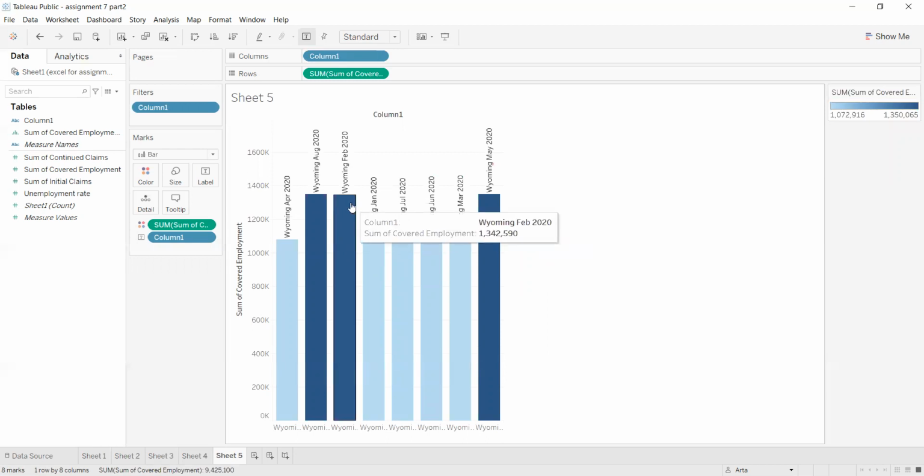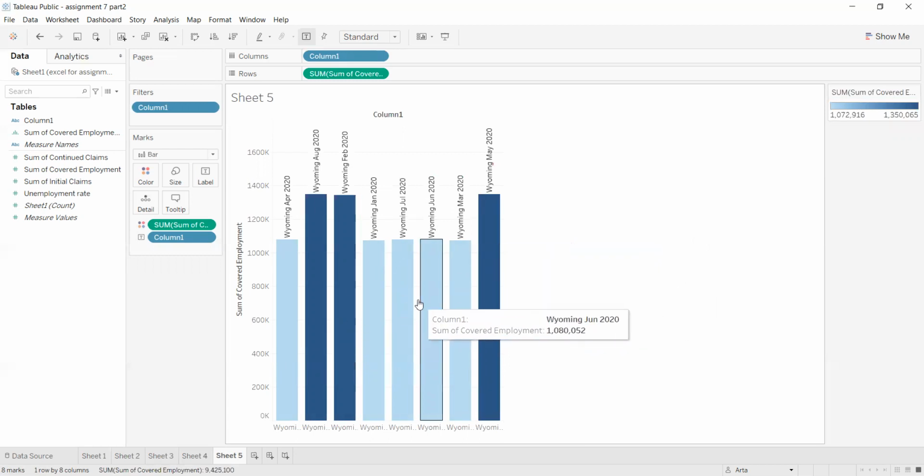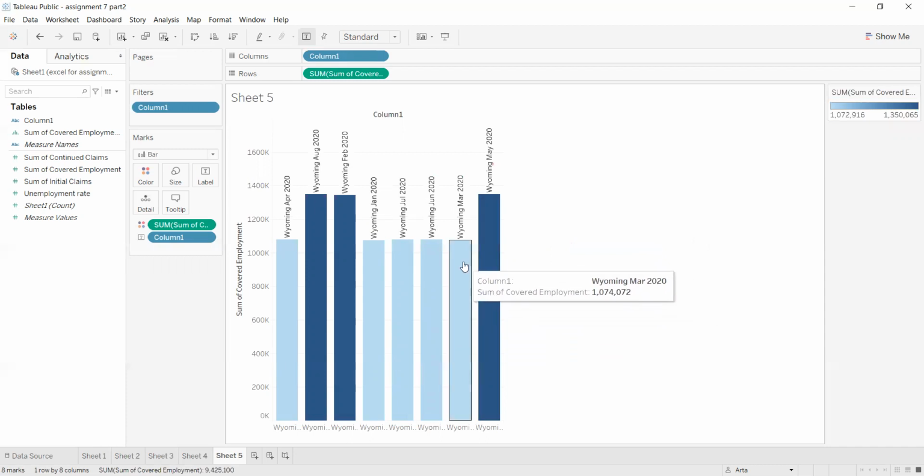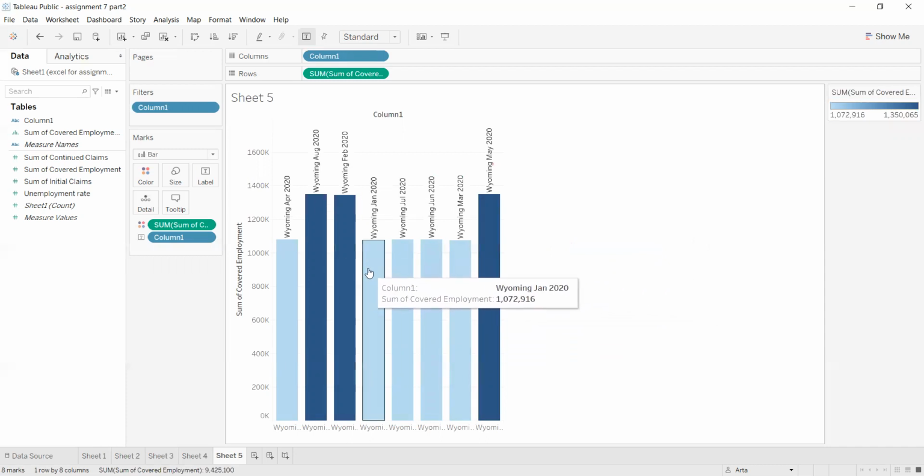And as you see, in August and February and May, the sums of covered employment are the highest. And for example, in January 2020, the sum of covered employment is less than the other months in Wyoming in 2020.